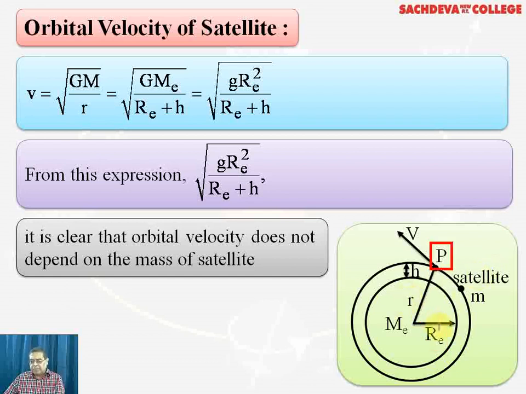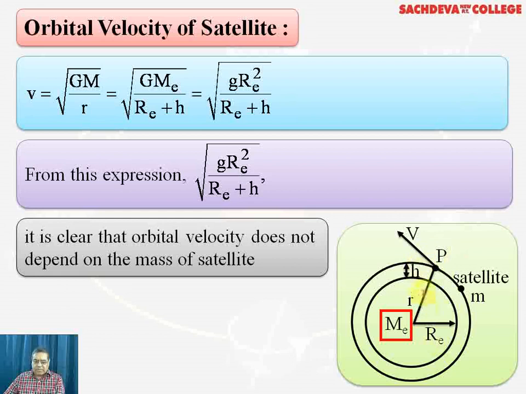So if P is at height h from the surface, then the net distance from the center to P will be Re plus h. So small r is the distance from the center to P, and this small r is nothing but Re plus h. So r can be replaced in many cases by Re plus h.